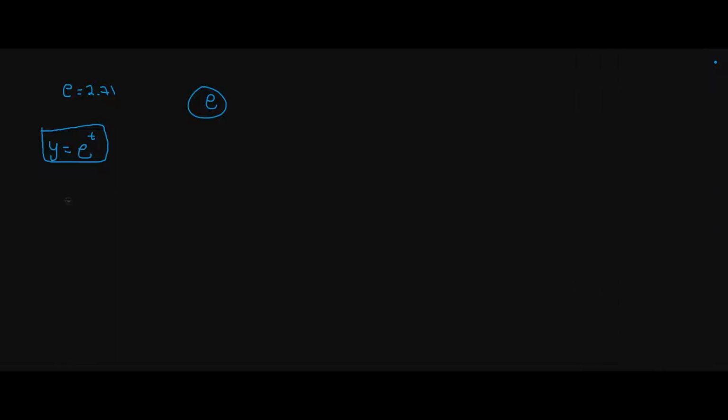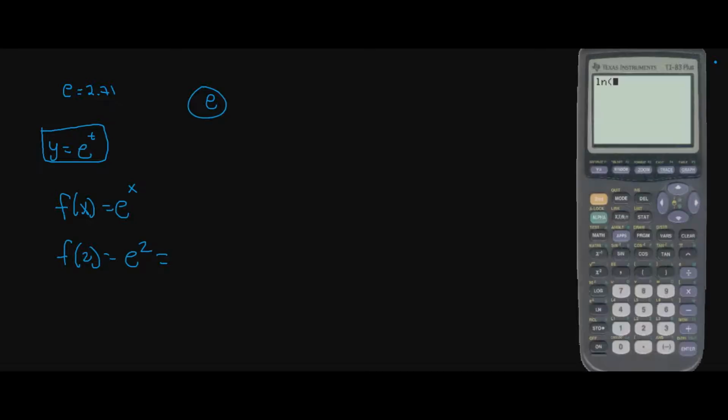Let's look at a few examples. Let's say f of x is equal to e to the x. Let's plug in 2. What is e to the 2? 2.71 raised to the second power. Let's go ahead and do second, and right before you see the ln, that's where you get e raised to the 2. And we get 7.389.